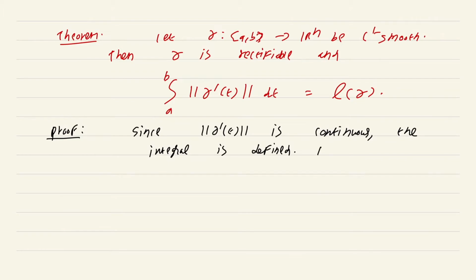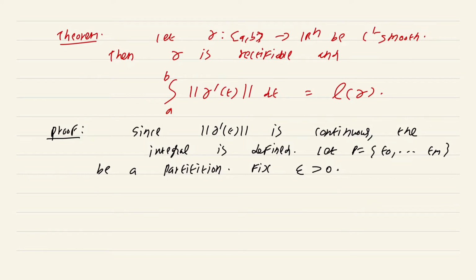So let's start with the partition. Let P equal to t0 up to tm be a partition. As usual, I will always write the partition out in increasing order; it's implicit in the way I've written it: t0 is less than t1 and so on, less than tm. Fix epsilon greater than 0.